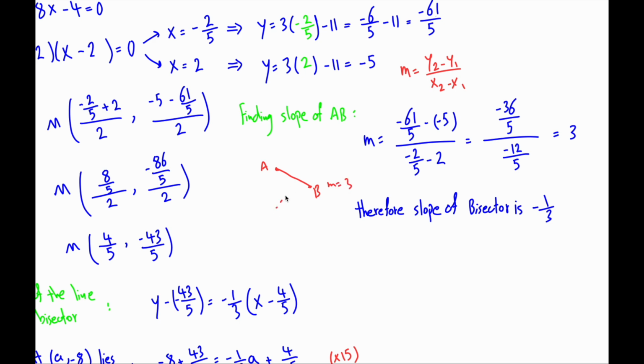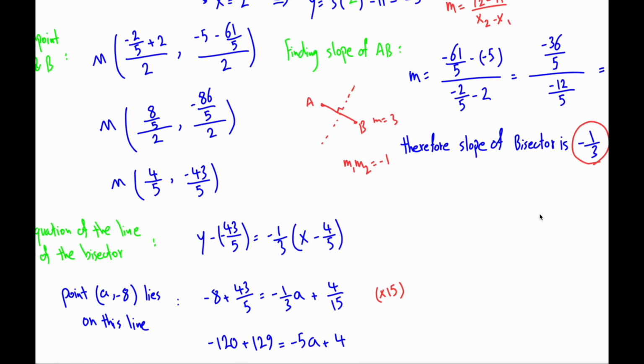But I'm talking about the bisector, which is perpendicular to AB. Therefore, using this formula, which says the product of the slopes of two lines which are perpendicular to each other is always -1, I can conclude that the slope of the bisector should be -1/3.